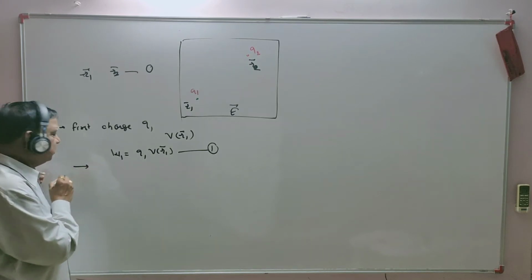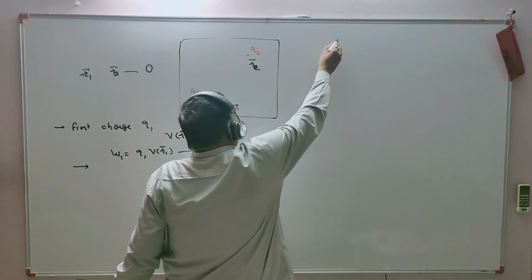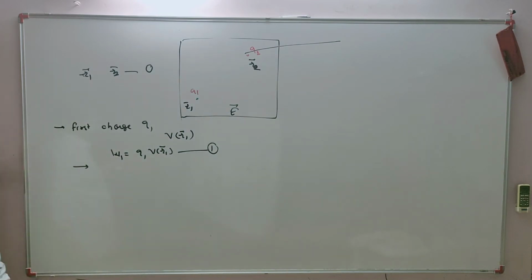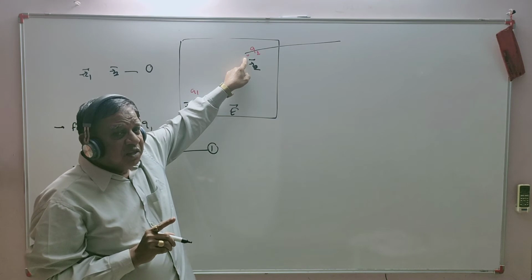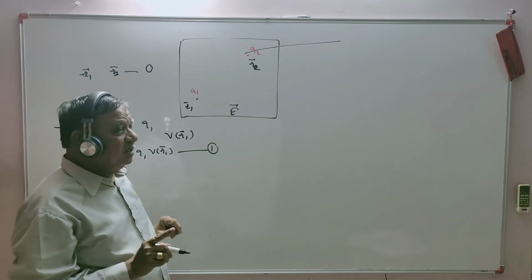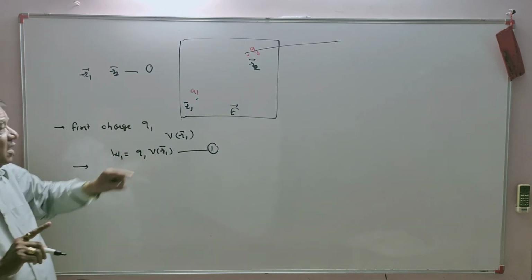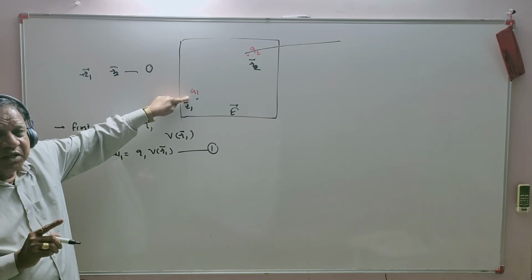Now see, the second point, which is most important. We are bringing charge q2 from infinity. Then the work required is done against the external electric field and also against the field due to q1. Here two cases are there. Try to understand: initially q1 is not there, so no field.